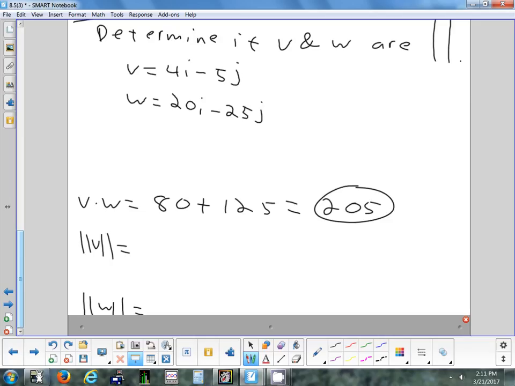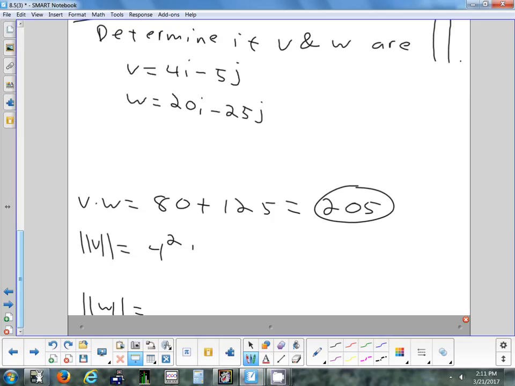Now I need the magnitude of V. Connor, what's going to be my setup here to find the magnitude of V? Yep, 4 squared minus 5 squared? When you do the Pythagorean theorem, do we use a minus?